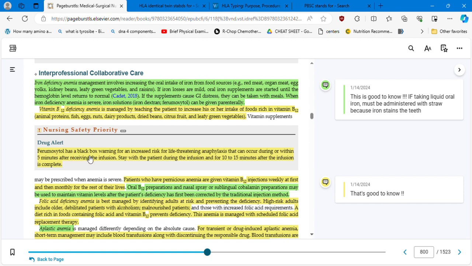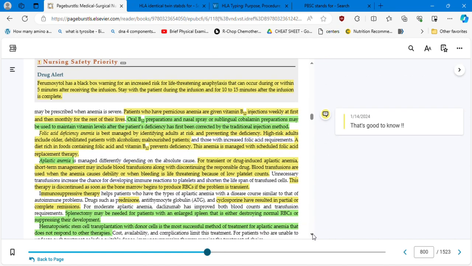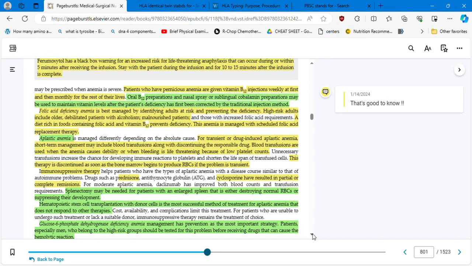Ferumoxytol has a black box warning for an increased risk of life-threatening anaphylaxis that can occur during or within 5 minutes after receiving the infusion. Stay with the patient during the infusion and for 10 to 15 minutes after the infusion is complete. For all of you who are going to work in hematologic clinics and the doctor is prescribing ferumoxytol, please be aware of this black box warning, because you are the nurse.